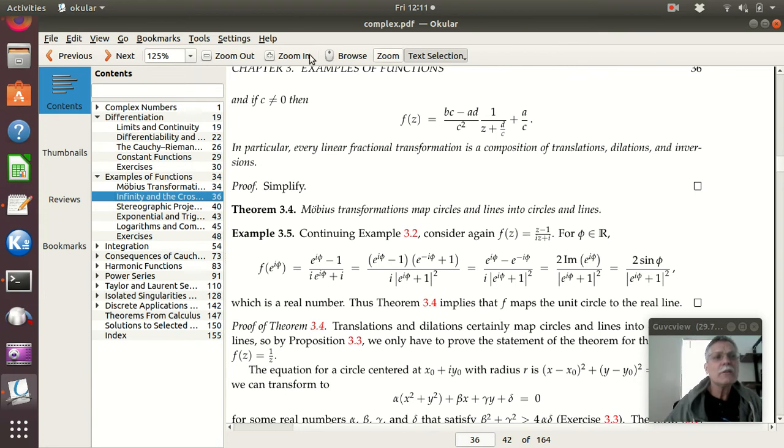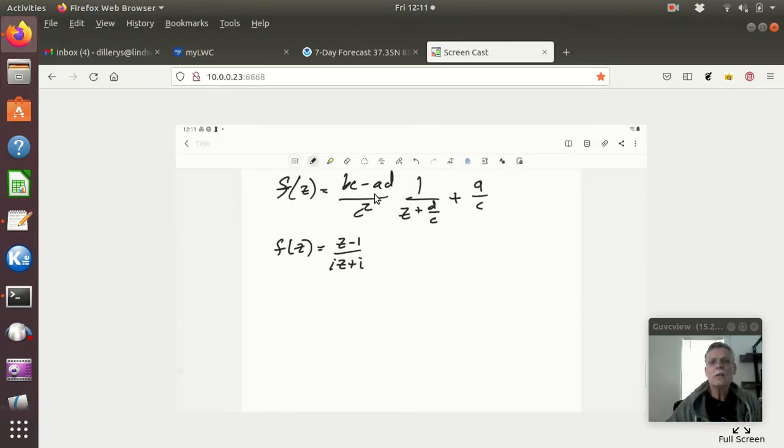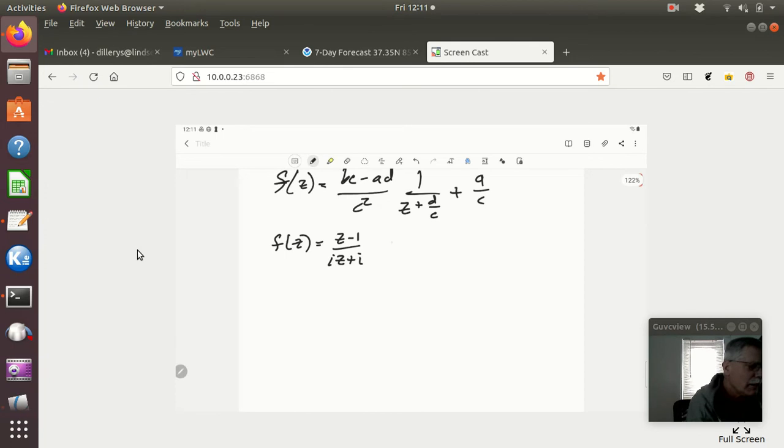And so now let's switch to here. So I wrote those things down, and we see that A equals 1, B equals -1, C equals i, and D equals i.